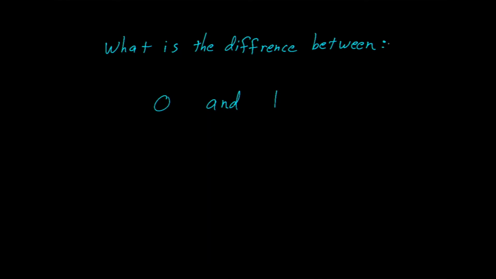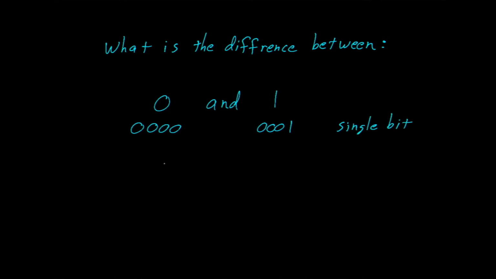Consider this. What is the difference between 0 and 1? For simplicity, let's assume 4 bits. So a 0 would be represented as 0, 0, 0, 0, while the 1 would be represented as 0, 0, 0, 1. And I think you'll agree that the difference between these is 1 single bit.